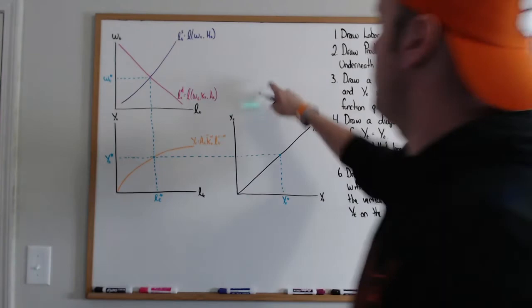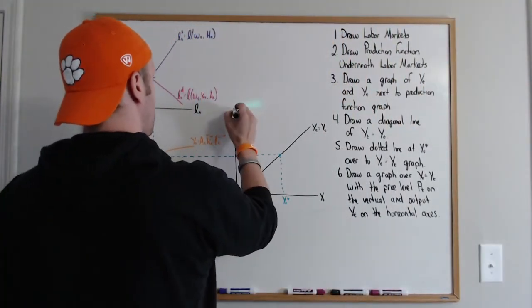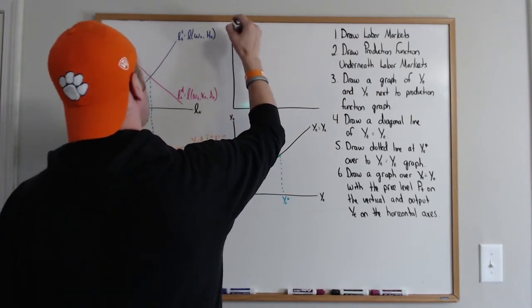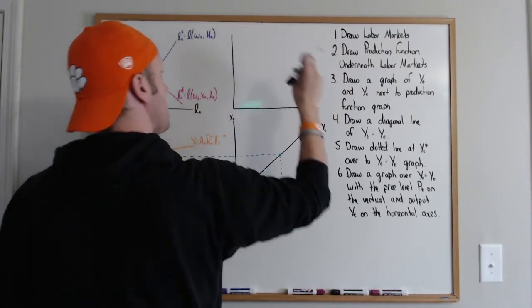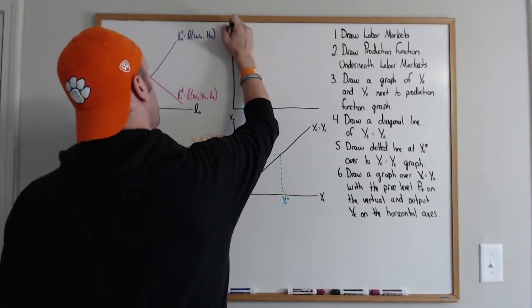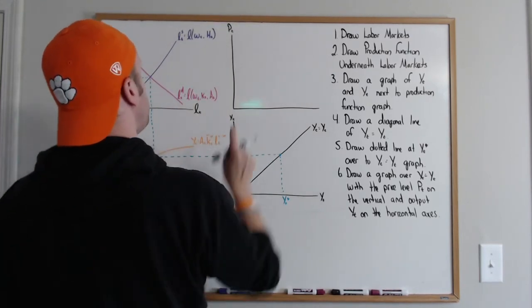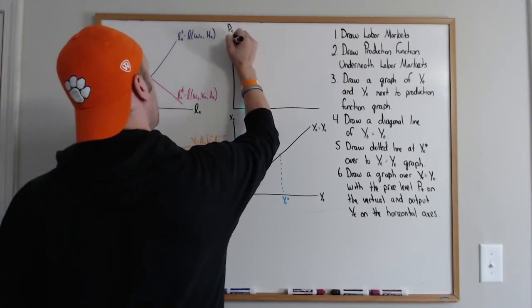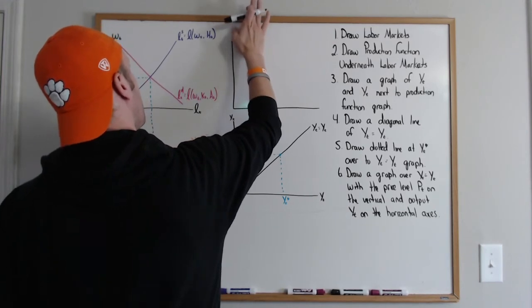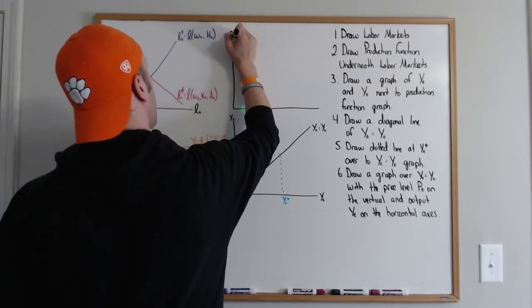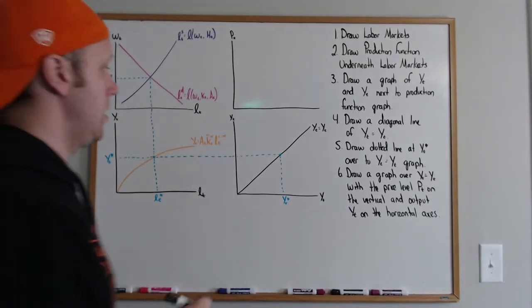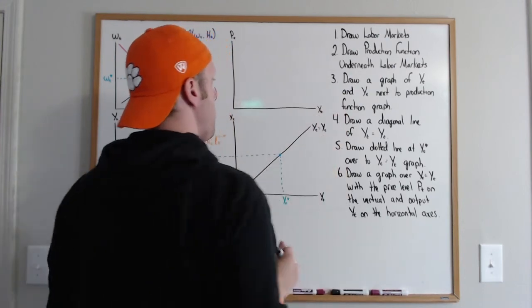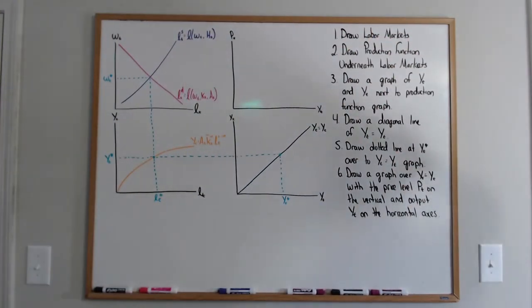So it's going to go right here. And I'm putting the price level P_t on the vertical axis, and I'm putting output Y on the horizontal axis.